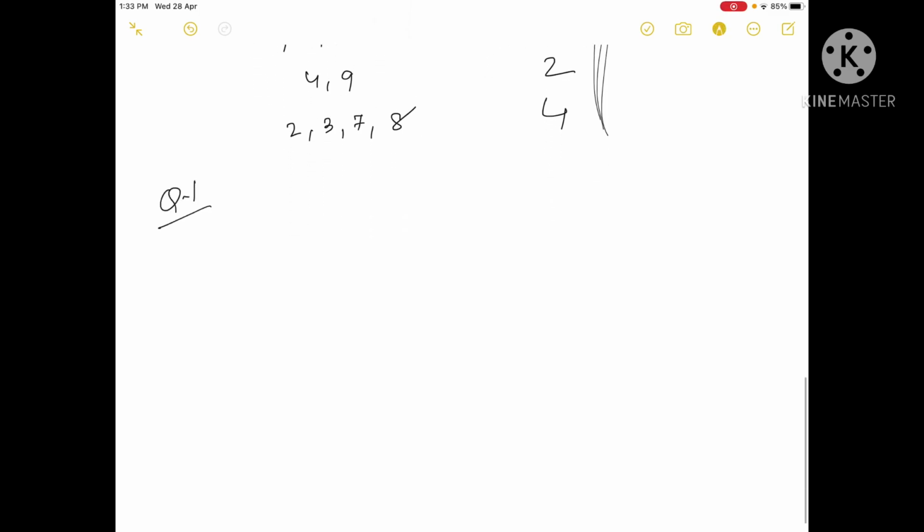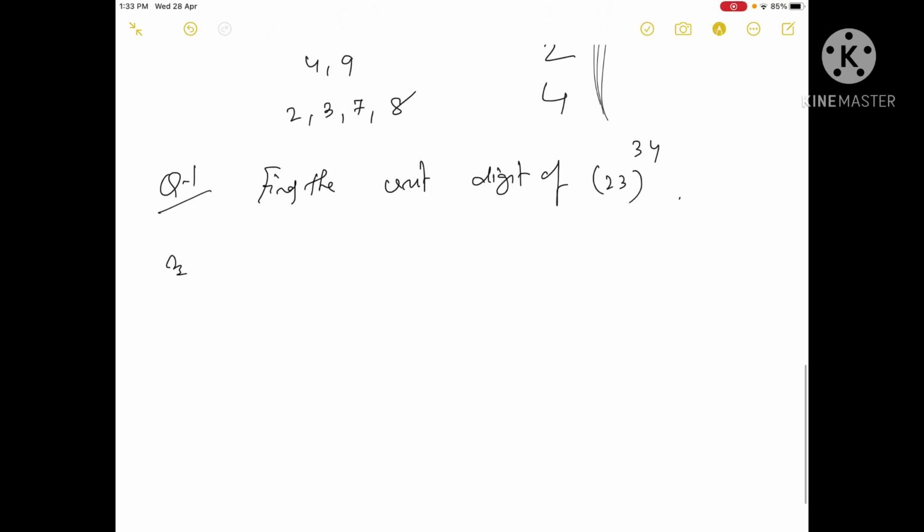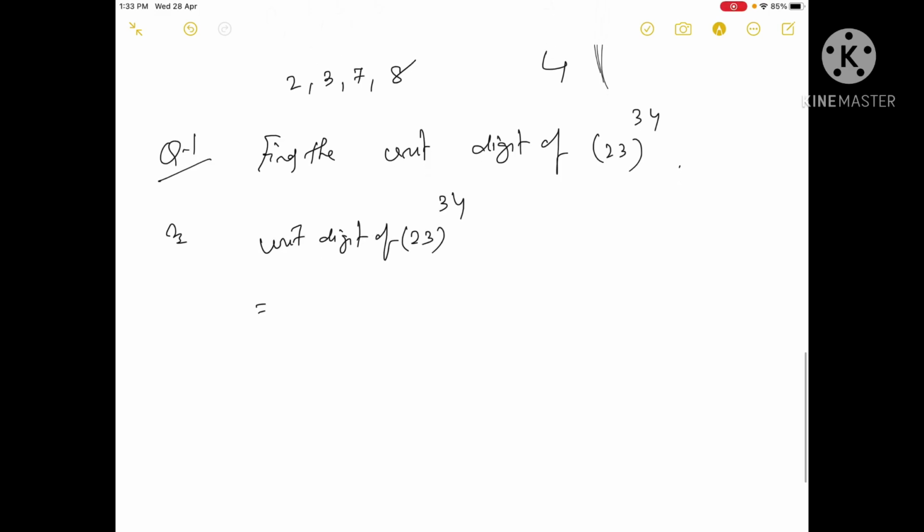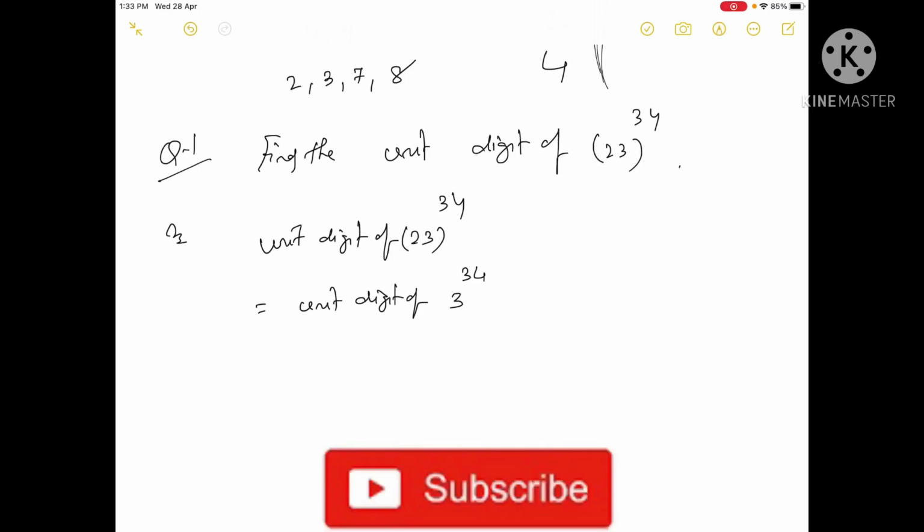Let us consider the first one. Find the unit digit of 23 to the power 34. The unit digit of 23 to the power 34 is equal to the unit digit of 3 to the power 34, whatever the number may be.